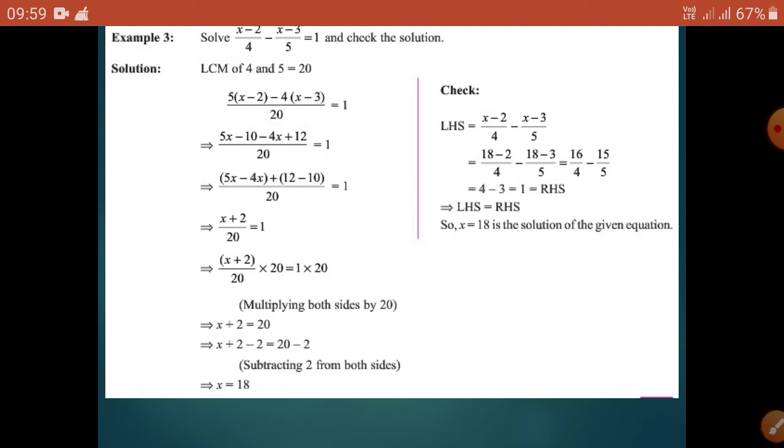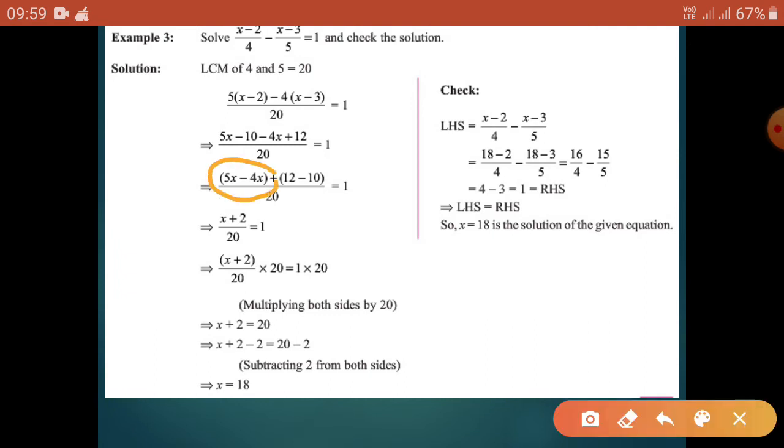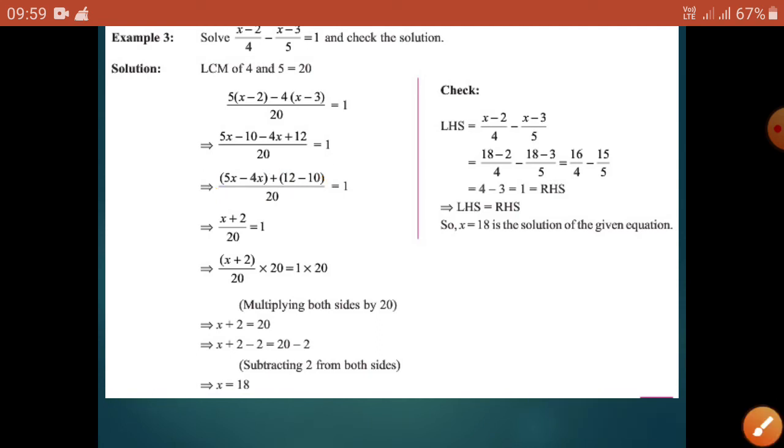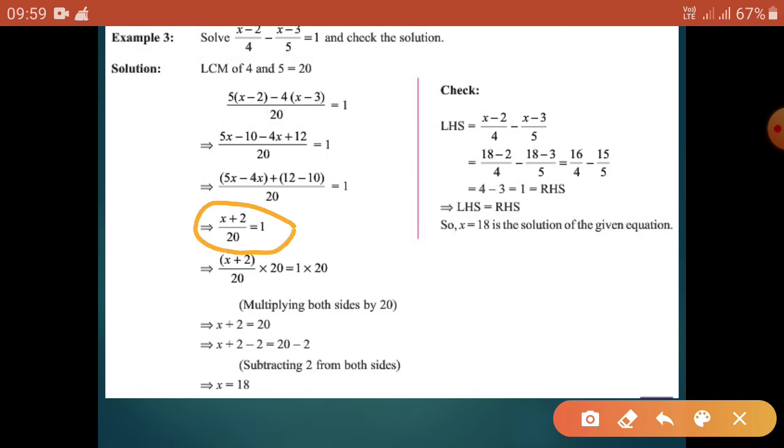Here we write all the x terms on one side and the constants on the other side. So 5x minus 4x gives us x, plus, and then 12 minus 10, that is 2. So we are getting x plus 2 by 20 equal to 1. Here also we have to balance it.